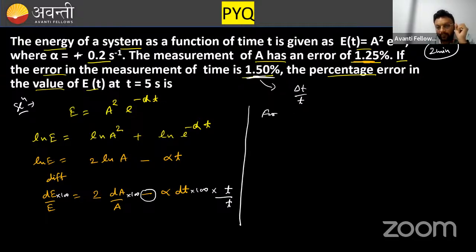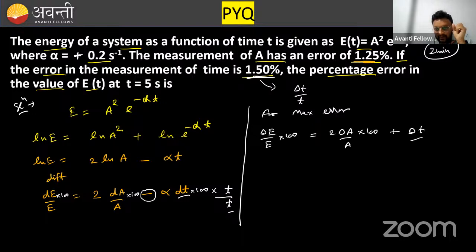So for maximum errors we will write delta E by E into 100 is equals to 2 times delta A by A into 100 plus delta T by T into 100.